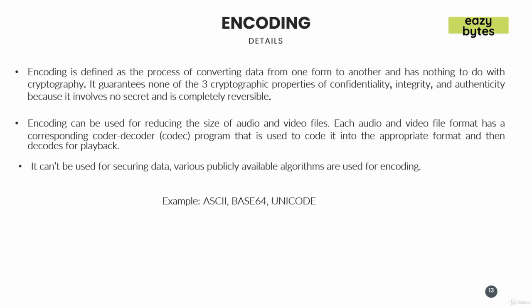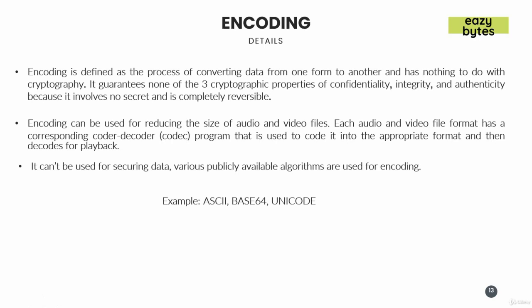Encoding is a process where we convert data from one form to another form. That doesn't mean people can't understand my original plain text that I initially sent. There are good mechanisms for decoding and converting back into the original text form. That's why encoding should not be used for securing data or any passwords that you don't want exposed to the public.